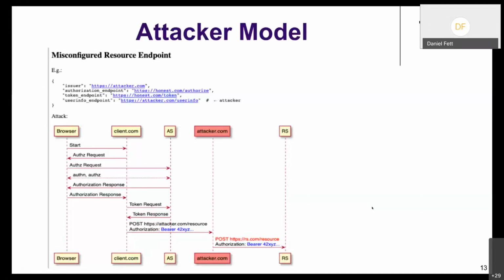But just one interesting thing that I found during a recent analysis on the mix-up attack is that if an attacker uses metadata as it is shown here on this slide, where the authorization endpoint and token endpoint point to an honest server and the user info endpoint points to an attacker, then DPoP, or another sender constraining method, is actually really useful to protect the access token.